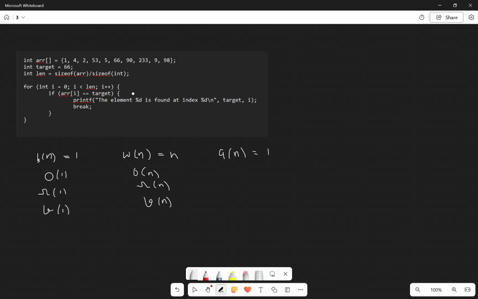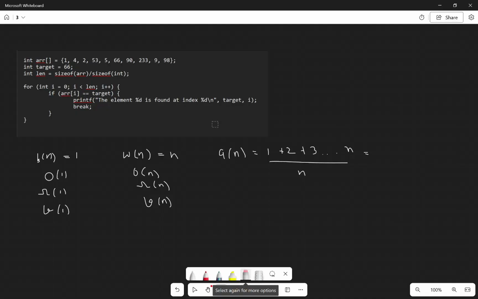To get the second element, I would have to go through the first one and then check the second one, so two steps. To get the third element, I would go through the first, the second, and then arrive at the third one. So it will take three steps. Just like this, it will take n steps to get the nth element, and then we divide by n. This gives us the average case function.